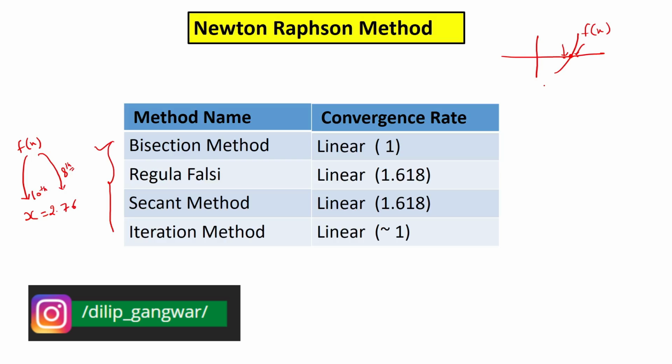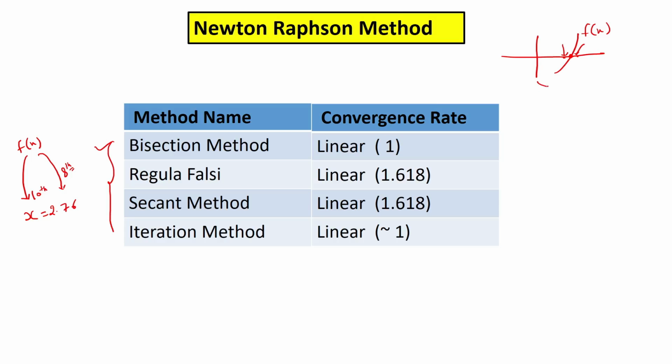Okay, so when we say a method is getting converged, it means we will get some root nearby the actual root by that method. That means that method is going to give us the answer and it will be something nearby that actual root. But if some method is diverging, then that method will not give us the root or the approximate root nearby the actual root.